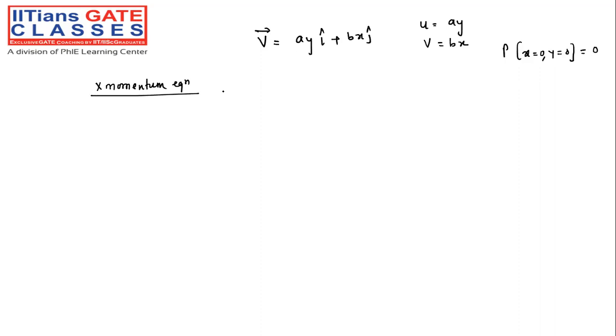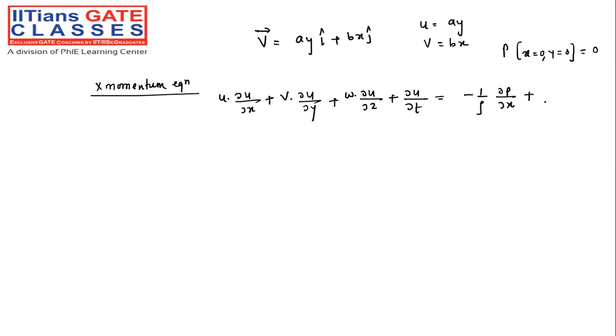First of all, we have to write the x momentum equation. What is the x momentum equation? u into dou u by dou x plus v into dou u by dou y plus w into dou u by dou z plus dou u by dou t, that has to be equal to minus 1 upon rho dou p by dou x plus the viscous term.